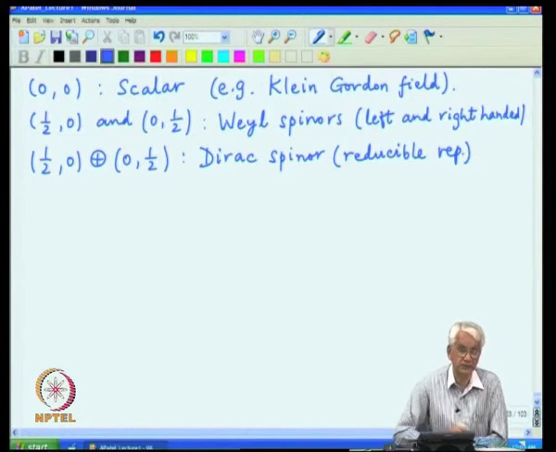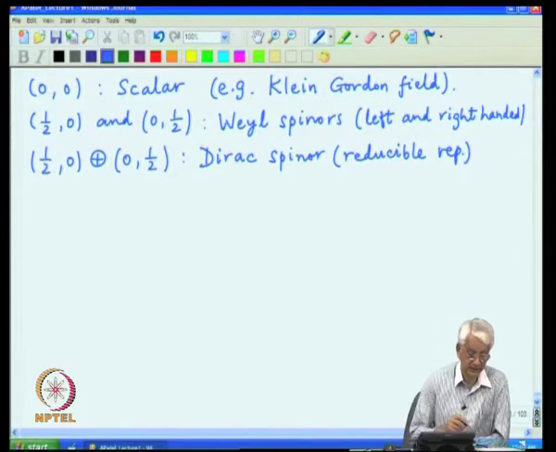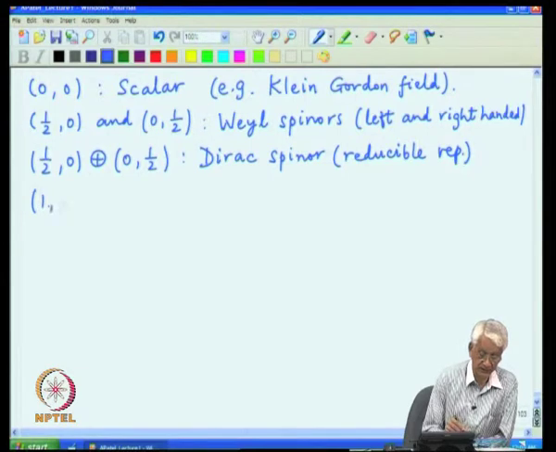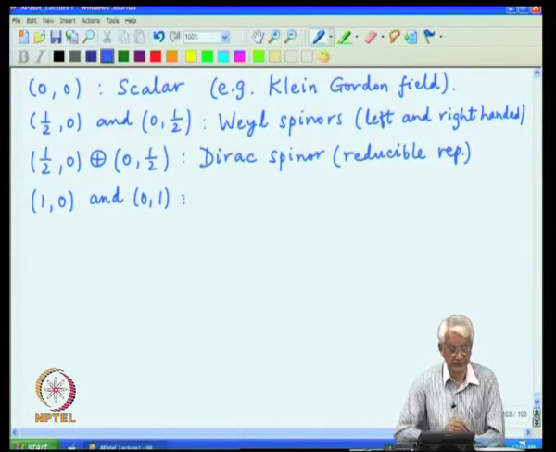Now, one can go to representations of dimension 3. One can again construct two different combinations which can be called (1,0) and (0,1).